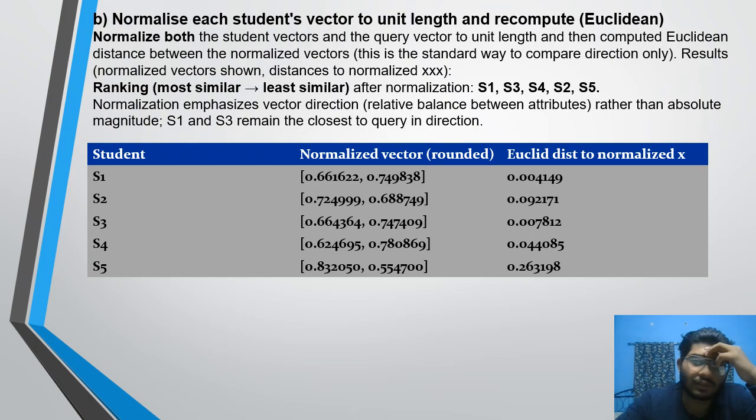S1, S3 remain the closest to the query in direction. In the table, it is written normalized vector rounded, so you can see the normalized vectors and the Euclidean distance to the normalized query, and you can understand how we got the ranking from most similar to least similar.